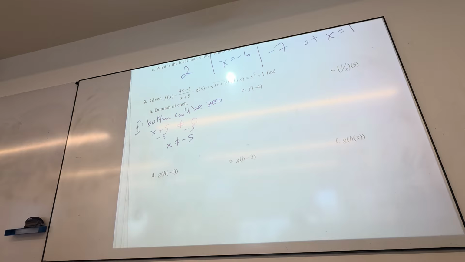So what has to happen to make it stay real? We don't want to let that happen. How do I keep it real? I say the inside has to be at least 0. If it was less than 0, then bad things happen.